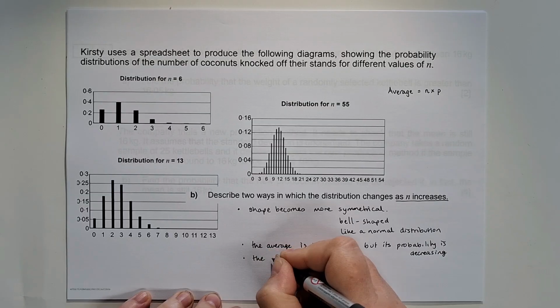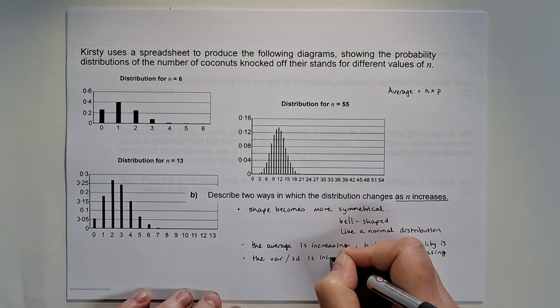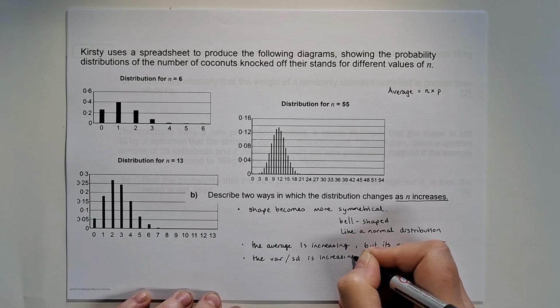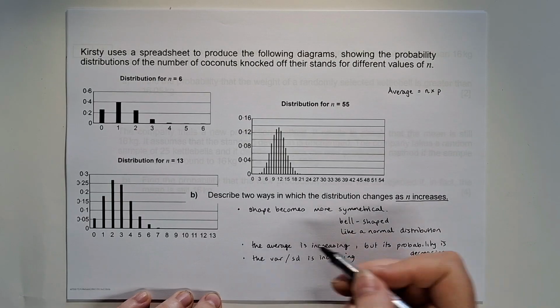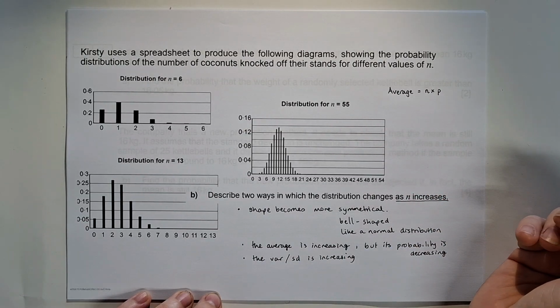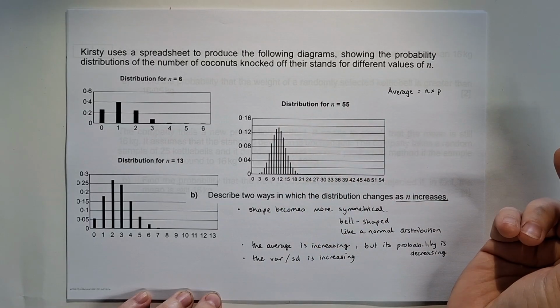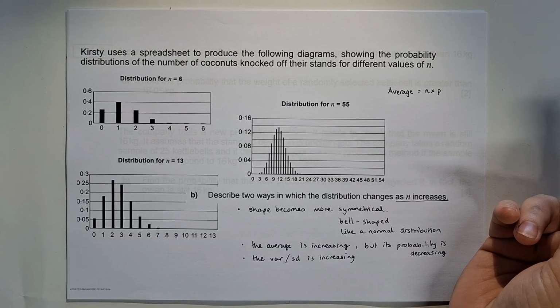So we can say the variance or the standard deviation is increasing. So that's another way the distribution is changing. Okay. The most common score, so it could have been the average being the mean, or it could have been the mode, which is the highest column. Okay, that's increasing. Okay, so there's different things you can say.